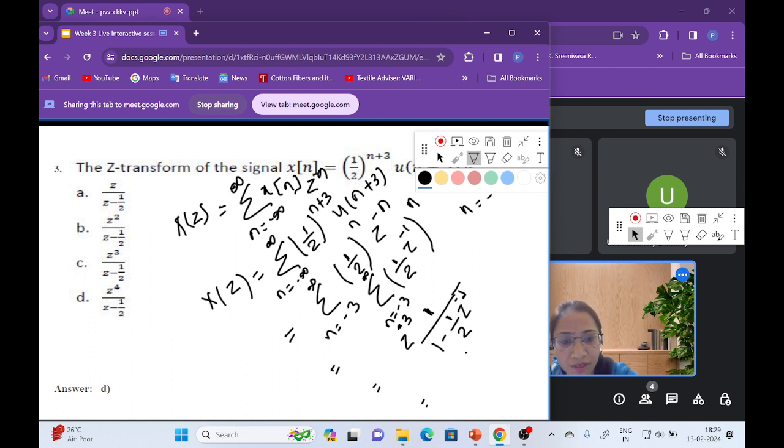If we take it, it will come as z to the power 4 upon z minus 1 by 2. Okay, so the correct option will be D. Are you getting it?